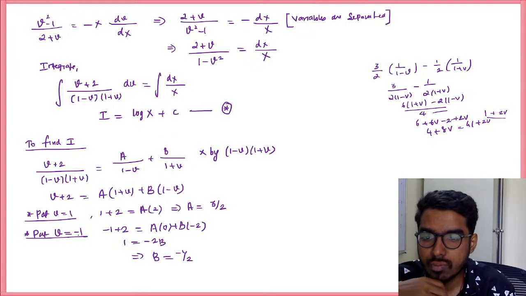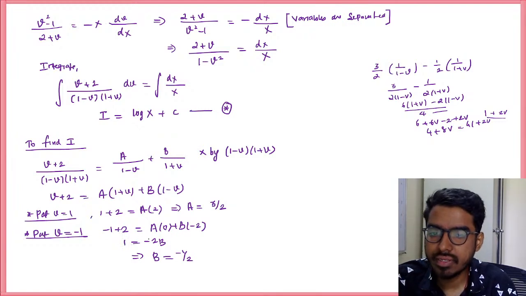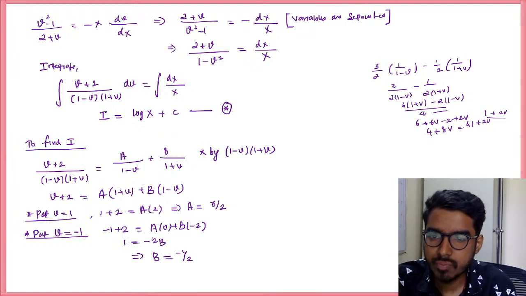We put b to be equal to minus 1. Now minus 1 plus 2 is 1. So this will be 0, minus 1 minus b is equal to 1. Everything is correct, right? A is 3 by 2, b is minus 1 by 2.